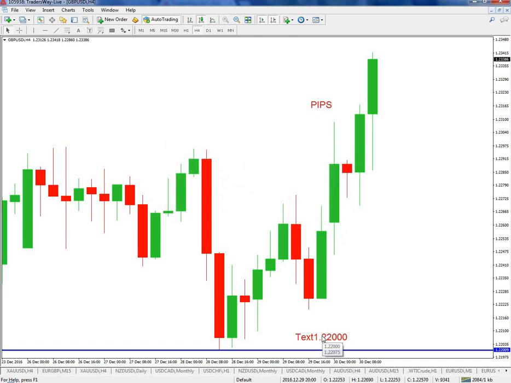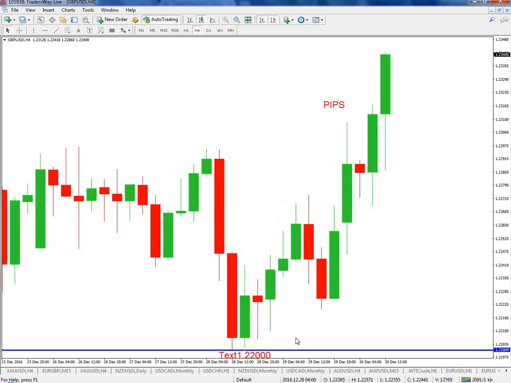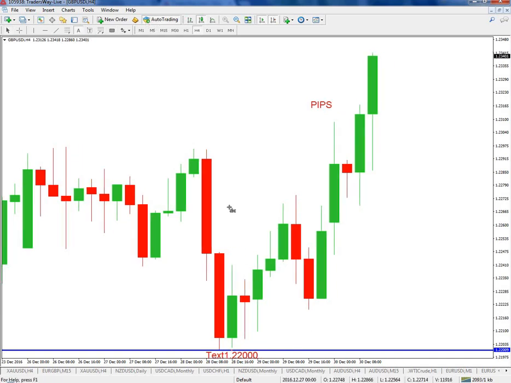And you can see these right here on the side, guys. You see these numbers on the side? That's what I'm going off of. So the price was right over here before this large move happened. Now price went from 1.22000 all the way to right now.